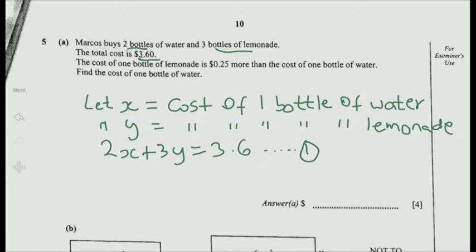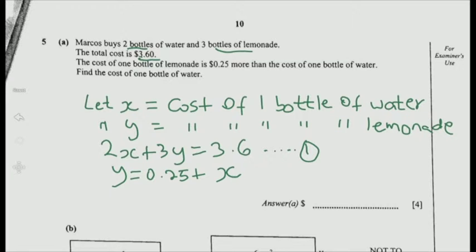So here you are saying the y there. This y is actually the cost of lemonade. So it will be equivalent to 0.25 plus x, which is the cost of 1 bottle of water.